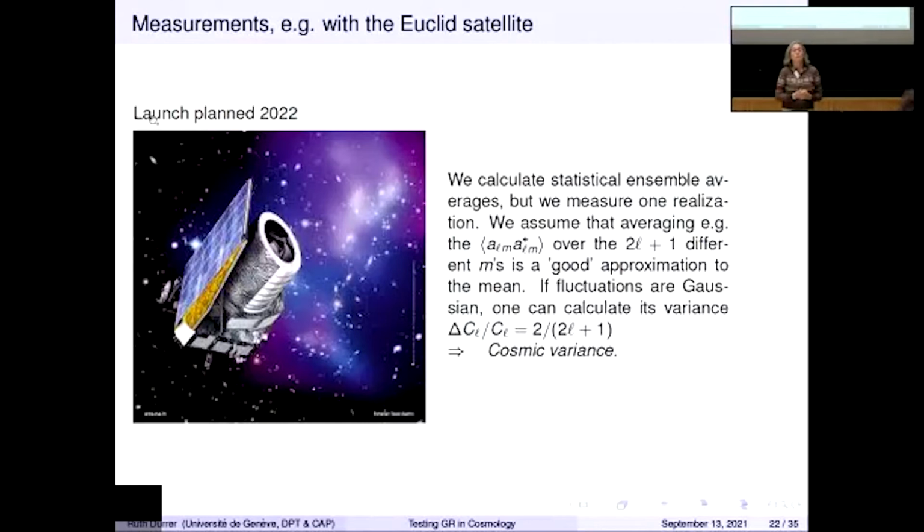There is nothing we can do about it, as you can imagine. This is, of course, if we had data all over the sky, which we usually don't have. So the true variance is usually larger than this. So you see, for example, the quadrupole, if you put here L equals 2, we cannot measure it with good precision. But if we have L equals 1,000 or 2,000, it gets better.